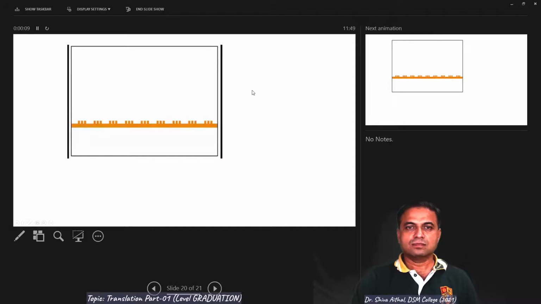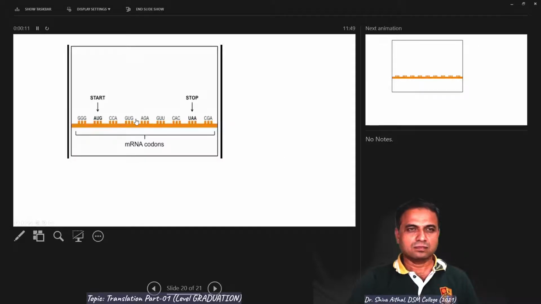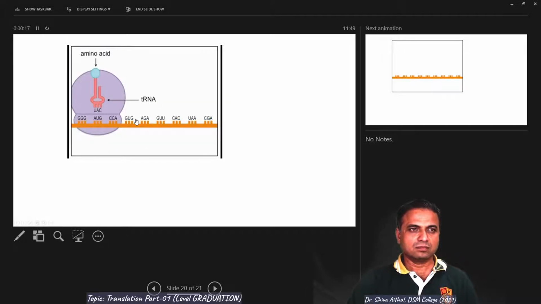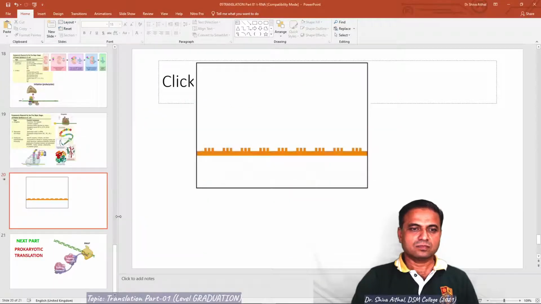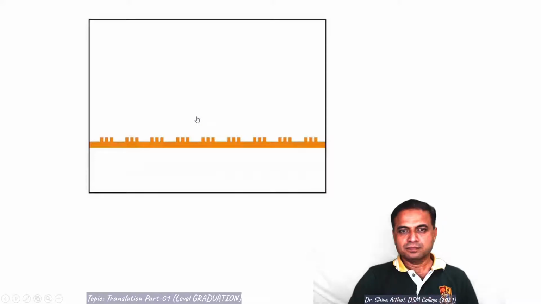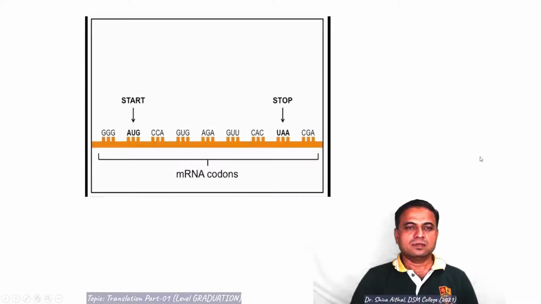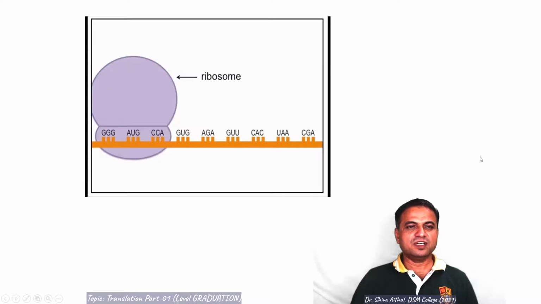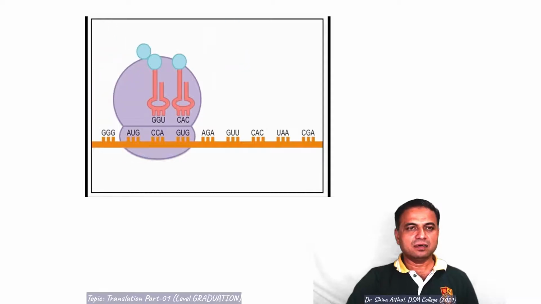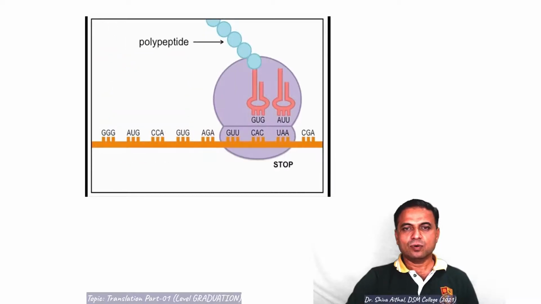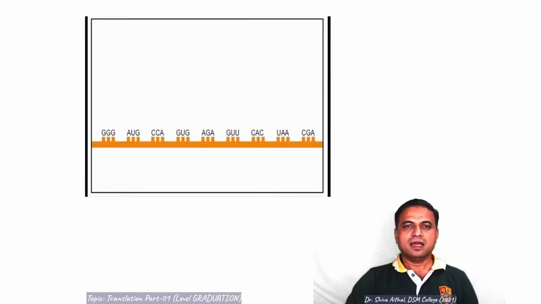See here, you can just see, I'll try to play it once again. So this is the mRNA chain, the 50S and 30S ribosome subunits binding, tRNA is coming, bringing amino acids, translocation is taking place, and a protein is formed.